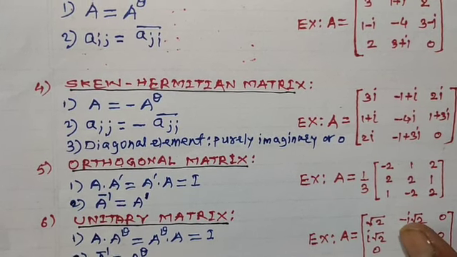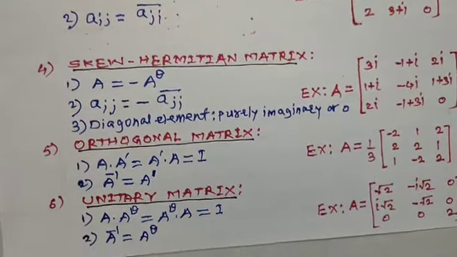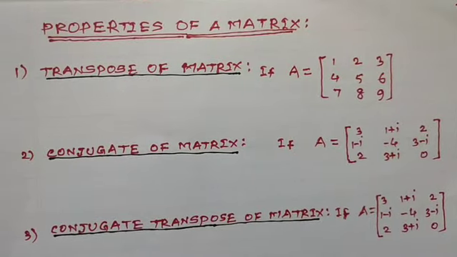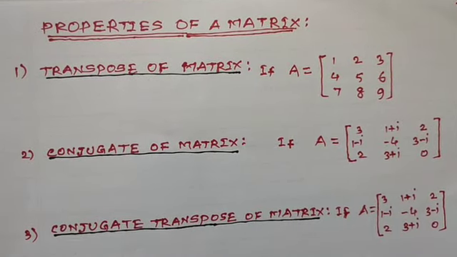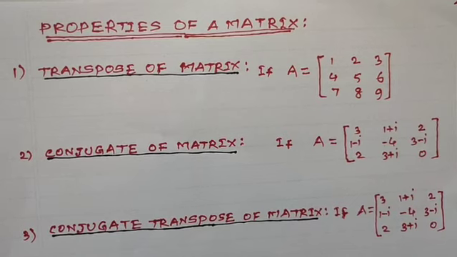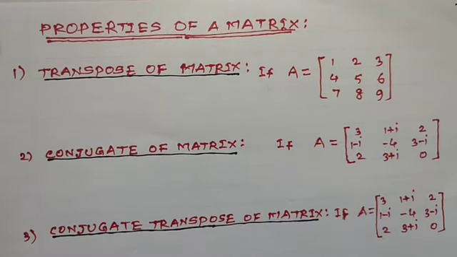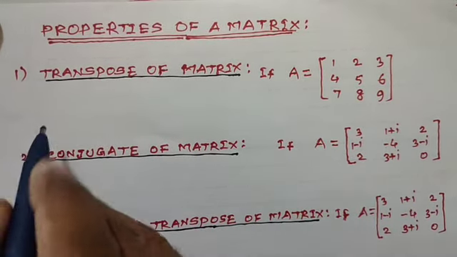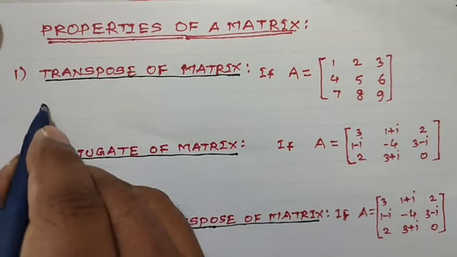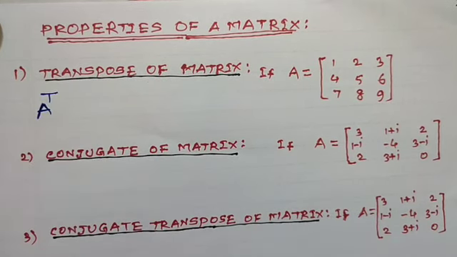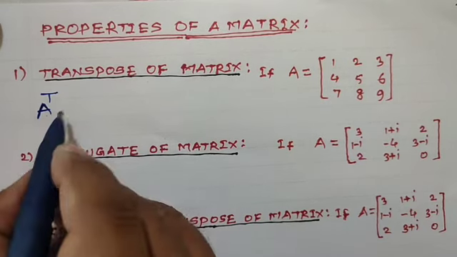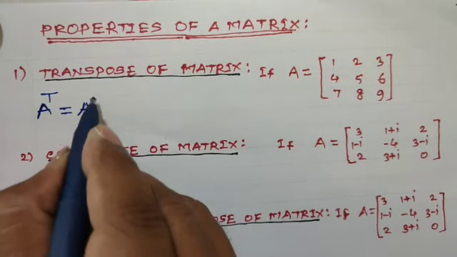Let us study the properties of a matrix. First of all, the transpose of a given matrix, which is given by either A transpose or simply A dash.